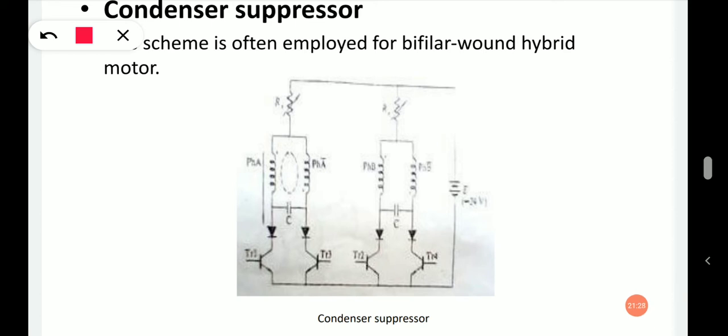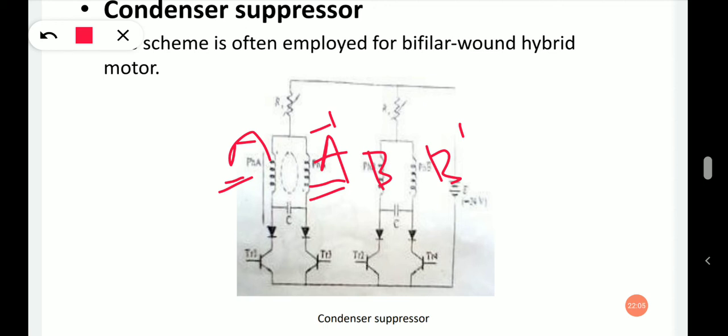This scheme is often employed for hybrid motors. A condenser is kept between phase A and phase A dash, and between phase B and phase B dash. These condensers serve twofold purposes.